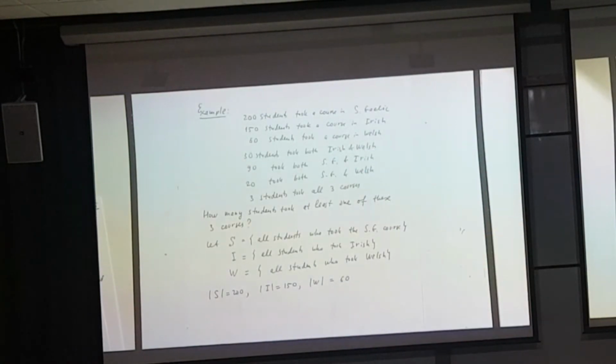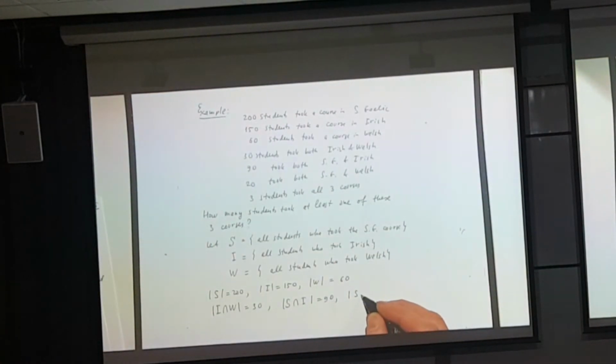And then what comes are the numbers of elements in the double intersections of these sets. So 30 students took Irish and Welsh, so I intersection W, number of elements is equal to 30. S intersection I is equal to 90.